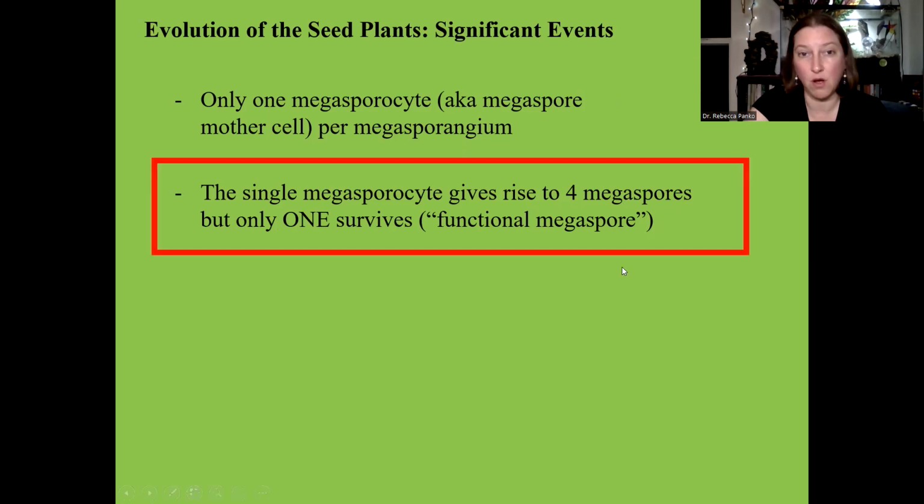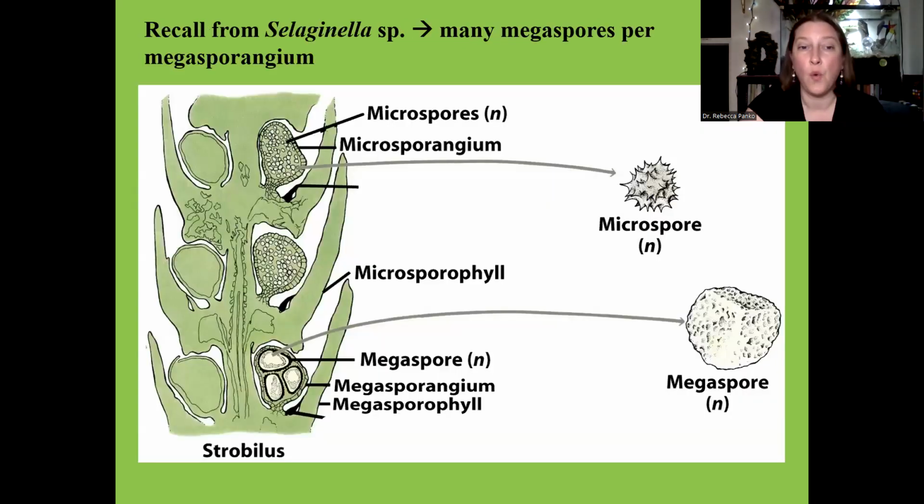We can finish that off, right? 1 functional megaspore. So what did we see before? What did we see back in Selaginella? When we looked at Selaginella, inside of the megasporangium, there were 4 megaspores per megasporangium. You can't see the 4th one in this slide, meaning this is a cross section through a strobilus.